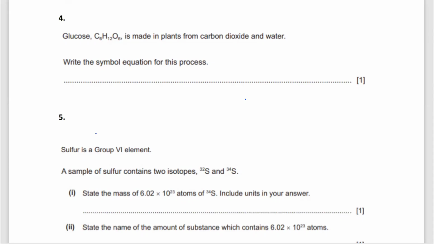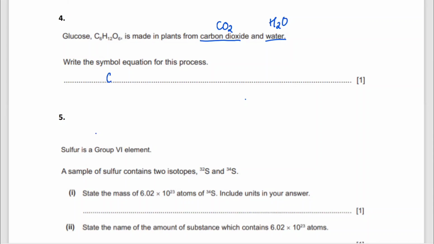Carbon dioxide has a formula CO2, and water has a formula H2O. Whenever carbon dioxide and water react, it produces glucose and oxygen as products in the process of photosynthesis.